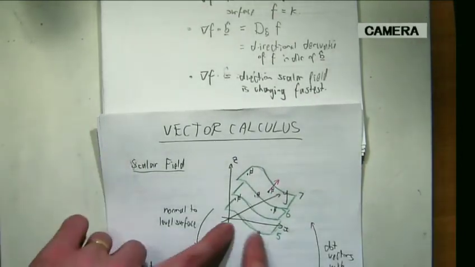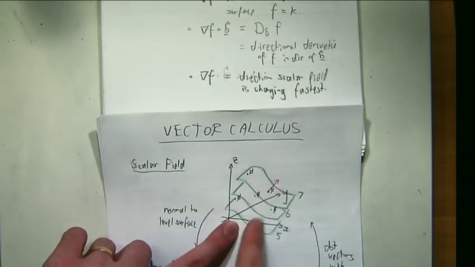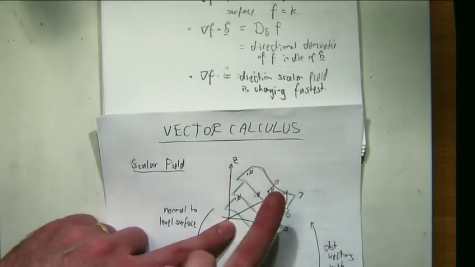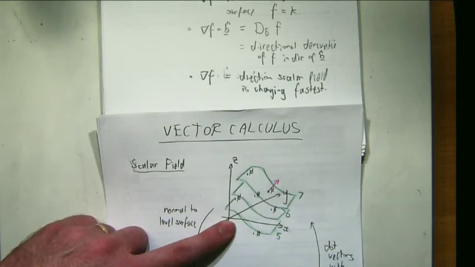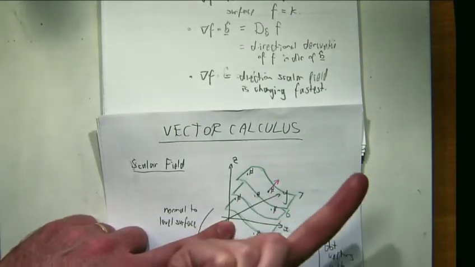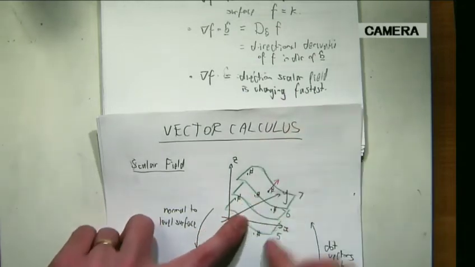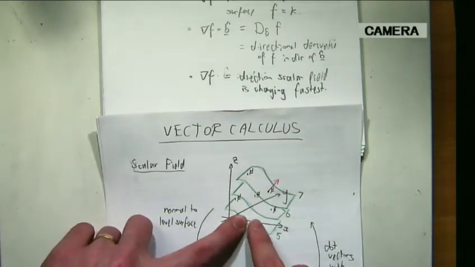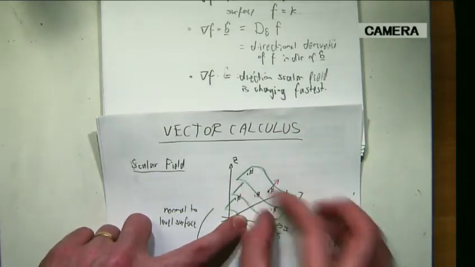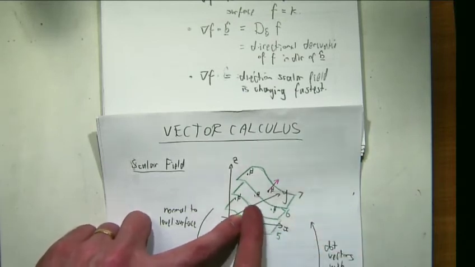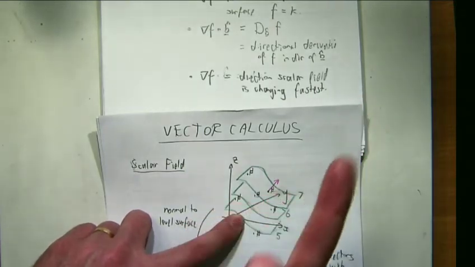See how it's going from 5 to 6 to 7 as it goes out this way? That's saying that you'll get the quickest change to a higher numbered surface if you head that way. But if I headed down this way, it would take me long. So if I was, say, here at 5, it would take me a long time to get to the surface that belongs to 6 if I went this way, but it would get quickest to the next surface if I went out that way.